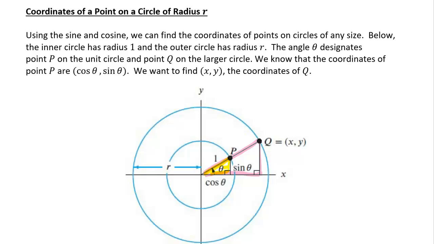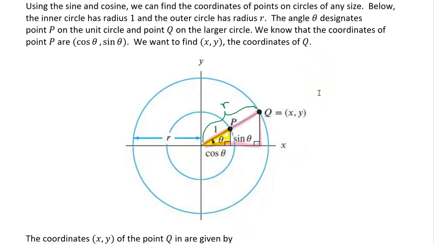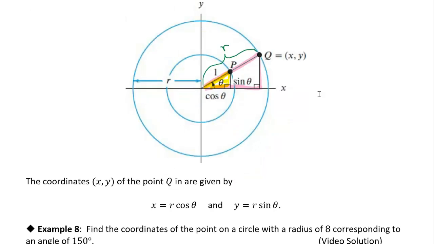Basically what we have here is just a scale model. We're just scaling up the little yellow triangle by a factor of r, because we're taking this side length of 1 and scaling it up to a side length of r. So we're scaling up that yellow triangle and turning it into the big triangle.